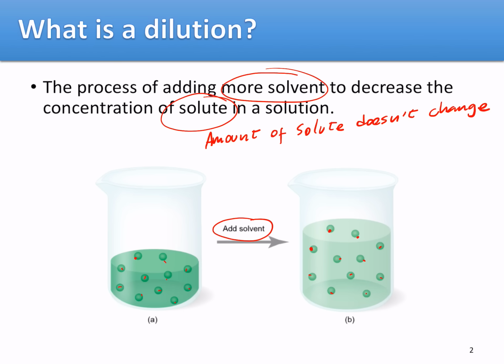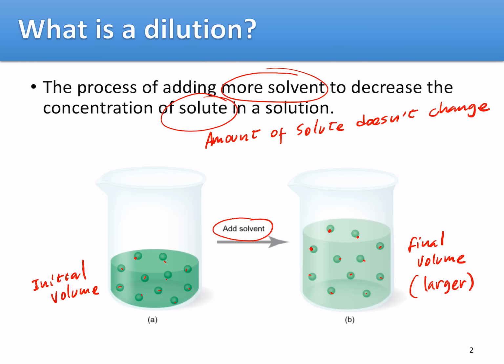Of course, you have an initial volume, and you will have a final volume. The final volume is changing because you are adding more solvent, and when you are doing a dilution, that final volume is going to be larger.